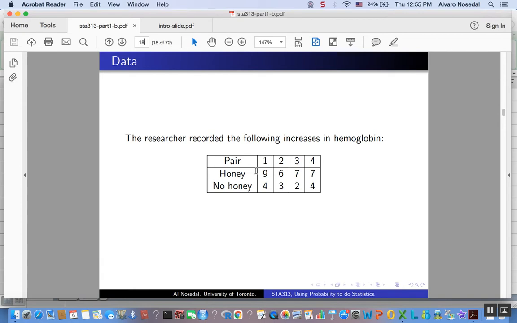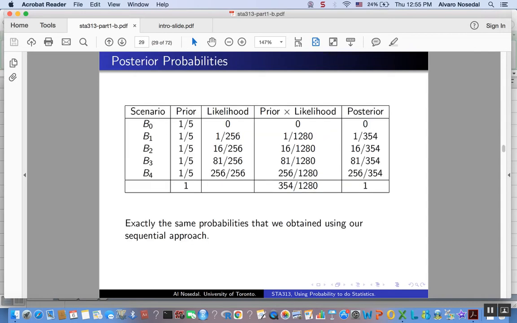And to use the entire sample, we used a binomial distribution as a mathematical model for the likelihood. Using that approach, we ended up with these posterior probabilities. So these likelihoods come from using a binomial distribution. Remember?